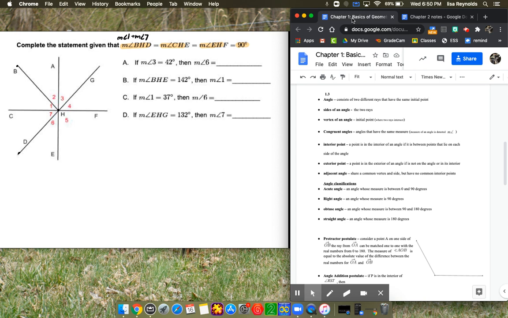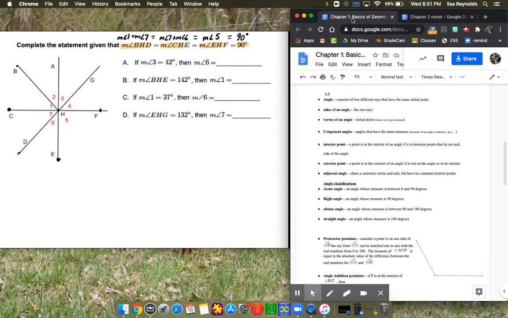When I locate CHE, I see that that's actually made up of the measure of angle 7 and the measure of angle 6. When I locate the angle EHF, I see that this is actually the measure of angle 5. So all of these things are equal to each other, and they're all equal to 90 degrees.